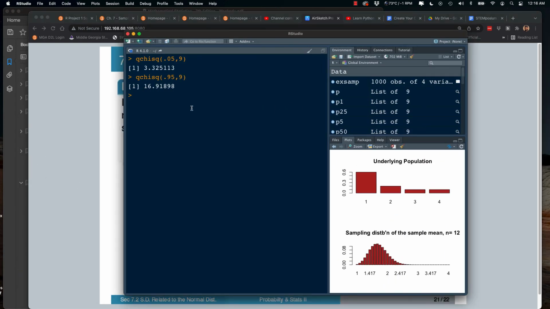So if I do QF and then 0.95 comma 5 comma 9, hit enter, indeed I get 3.48. And voila, just like that, we've got our answer, and that's the value of B. So B does indeed equal 3.48. Okay, so not too shabby.